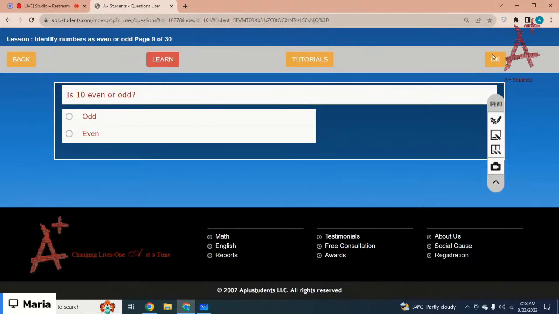Is 10 even or odd? 10 is an even number, right? You have 0 at the ones place, so 0 is even. The correct option is even.